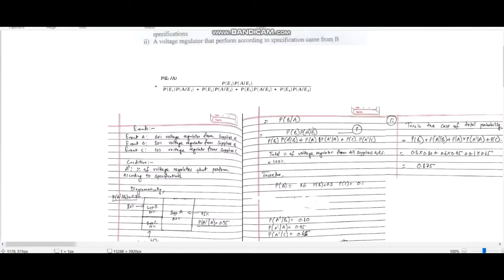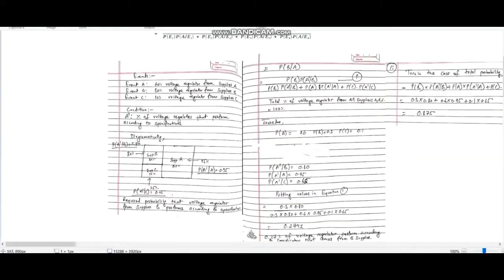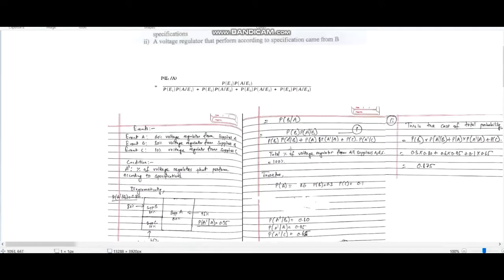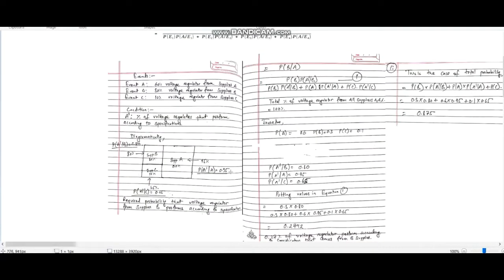So for the event B, under this condition, A dash B will be 80%, and the probability of this condition under that event A will be 95%, and the probability of that condition under that event C will be 65%.